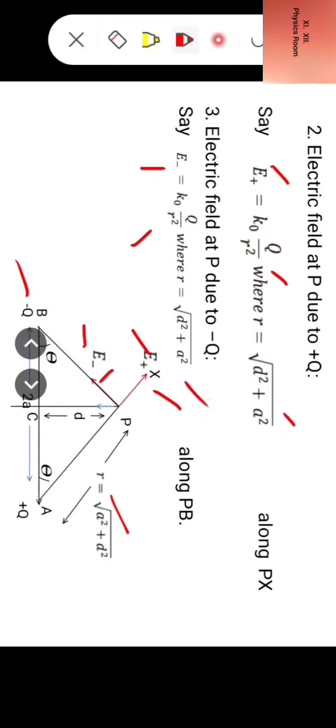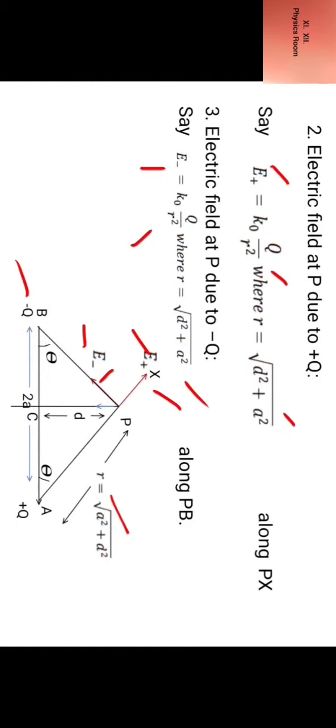Again, why is it the same? Because PC is the right bisector of the axial line AB, so PB will be equal to PA, and if angle PBC is equal to theta, then angle PAC will also be equal to theta.